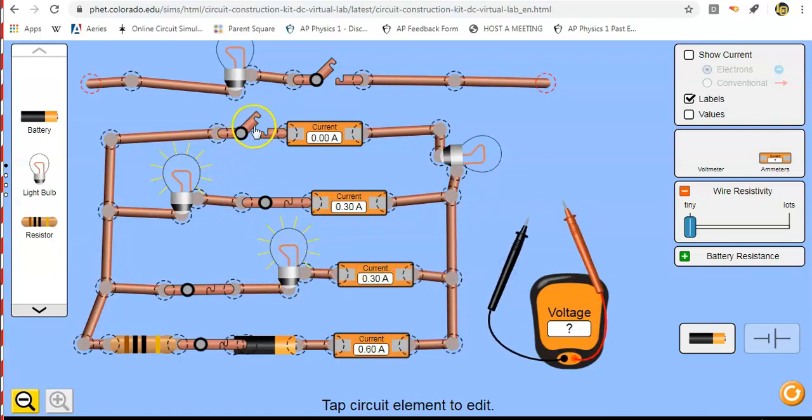When I connect this, will this light bulb be in series with this one, in parallel with this one, or will it be neither in series nor in parallel? So, is it connected by wires to the same location this is on both of its sides?